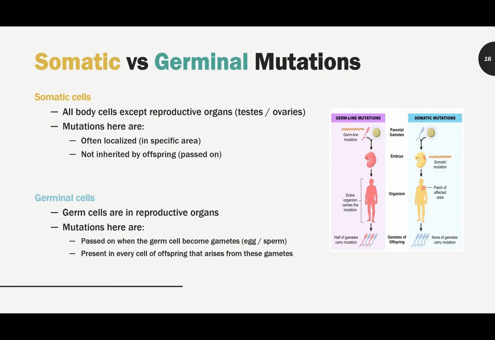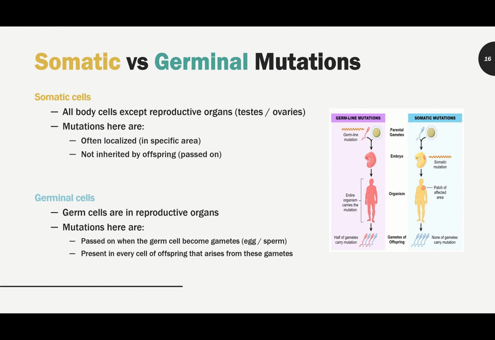Now, this is the part that is really important, somatic versus germinal mutations. Somatic cells are all the body cells except reproductive organs. So somatic cells could be your skin cell, your liver cell, your cheek cell, any cell but the cells of reproductive organs.